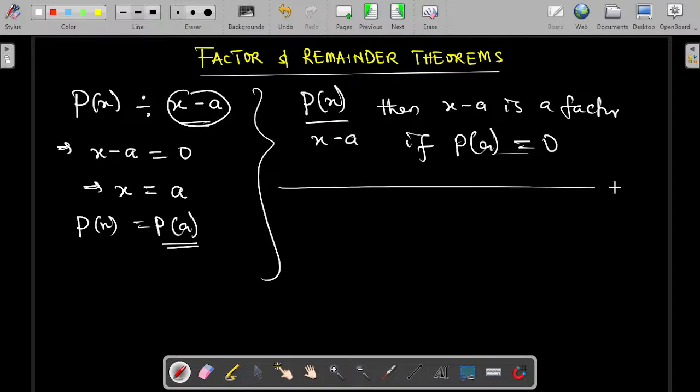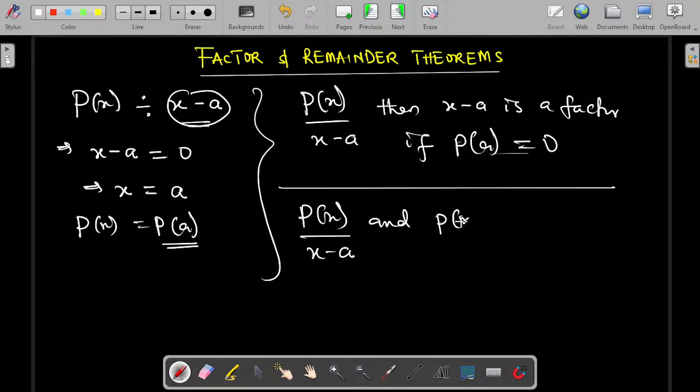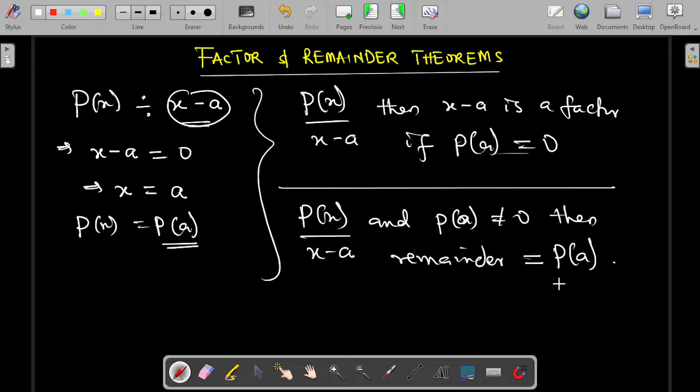While your remainder theorem says that if you divide p of x by x minus a and p of a is not equal to 0, then your remainder is equal to that p of a that you will evaluate. That's exactly what it is saying.